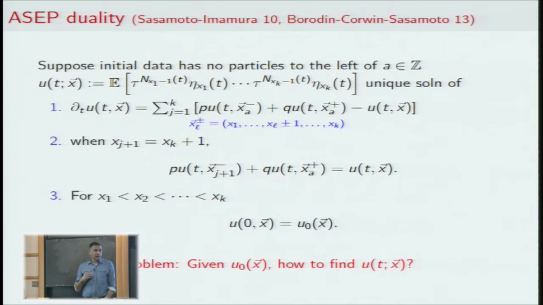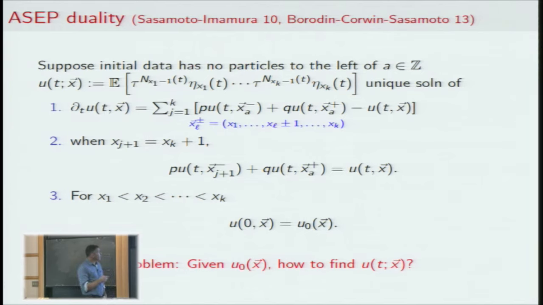This thing satisfies a discrete version of the delta Bose gas. Here's the forward equation, and then you have some boundary conditions which correspond to these deltas. And then it has to satisfy the correct initial condition. If it satisfies these three conditions, there's only a unique solution, so it is that thing. Okay, so that's what we learned from Borodin-Corwin-Sasamoto.